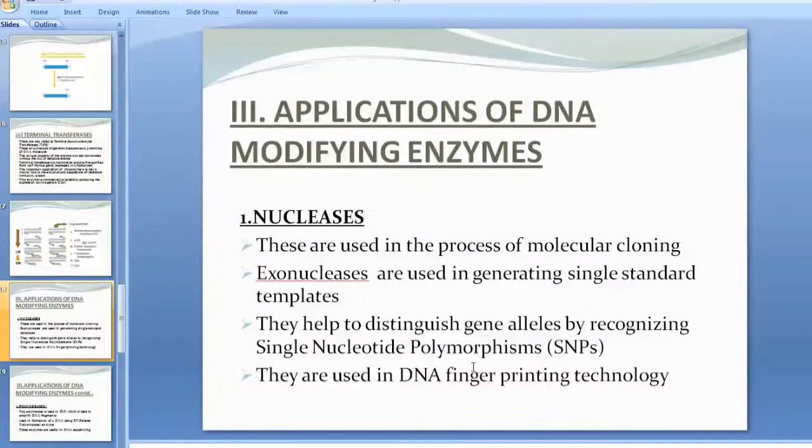So endonucleases are molecular incisors, whereas the exonucleases are used in generating the single-stranded templates. They help to distinguish gene alleles by recognizing single nucleotide polymorphism SNPs. So these nucleases are also useful in DNA fingerprinting technology.